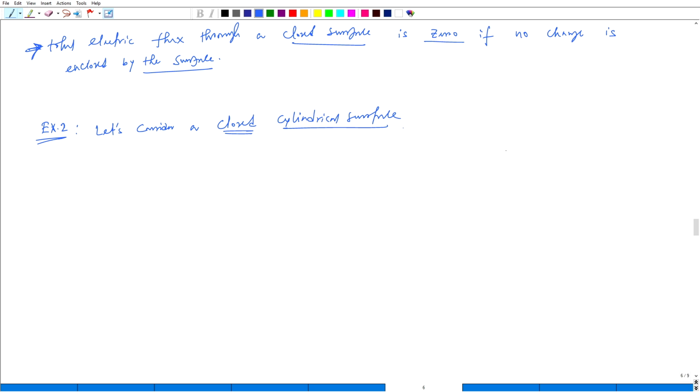I will draw the surface. So this is a closed surface and this one is surface 1, this one is surface 2 we denoted, and this one is surface 3.